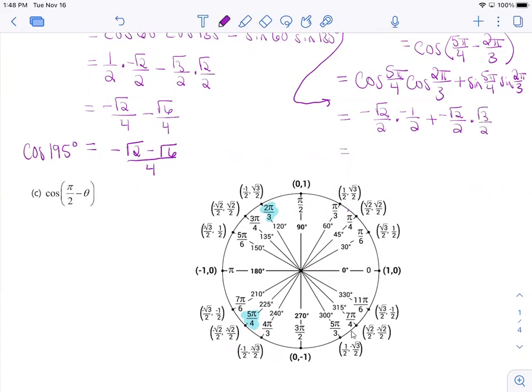If I multiply, I will get a positive root 2 over 4 minus root 2 times root 3, which is root 6.